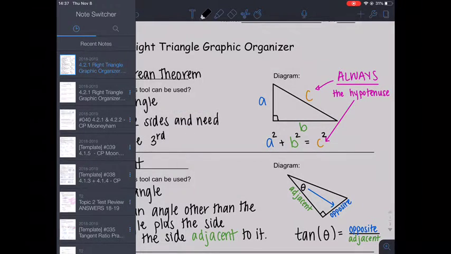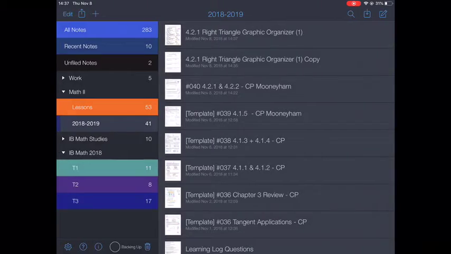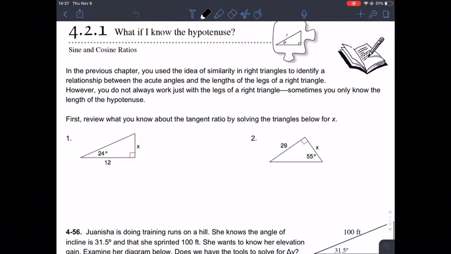So what I would like you to do is, in your groups, spend about 5 minutes doing these first two problems, problem number 1 and problem number 2, where we're using tangent to find those missing sides. So we're going to pause here and give you those 5 minutes to do that.